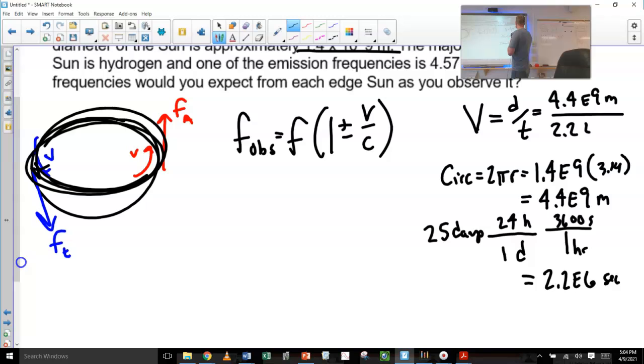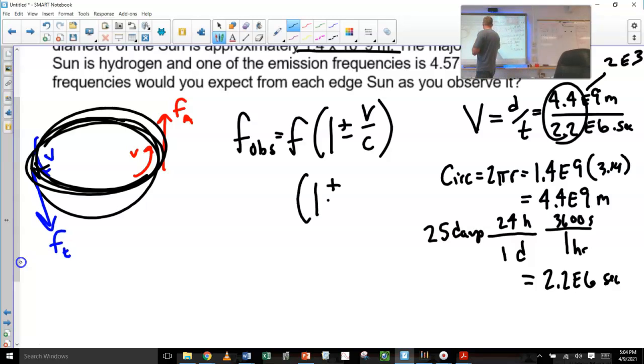Now, 4.4 divided by 2.2 is just 2, and then 9 minus 6 is 3. 2 times 10 to the 3rd, so 2,000. That's your velocity. 1 plus or minus 2,000 over 3e to the 8th.